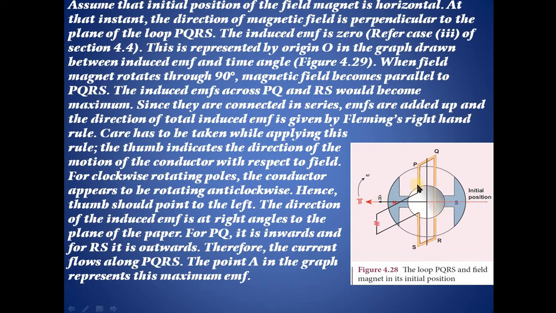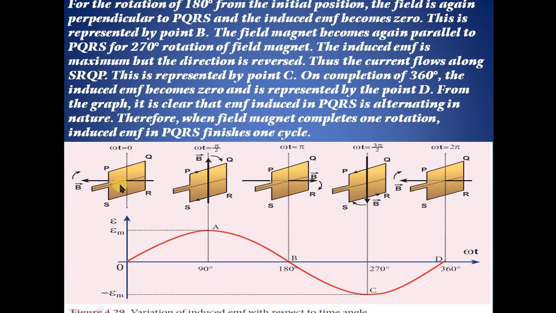The induced EMF is 0 because the plane of the rectangular loop and the magnetic field are in the same direction. So that is why the angle is 0 and the induced EMF is also 0. This is represented by origin O, because the field and the surface of the rectangular loop are acting in the same direction. That means omega t is equal to 0, so the induced EMF value is also 0.